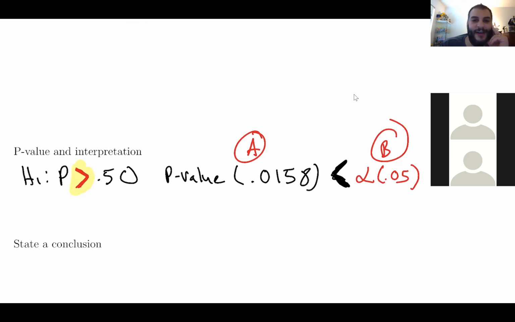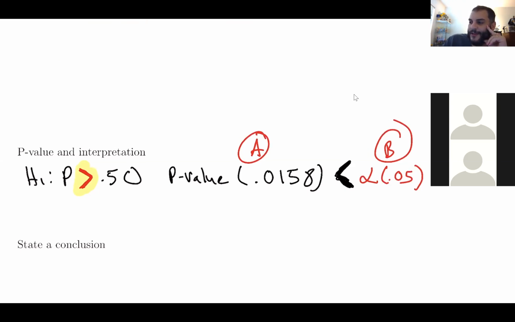So since alpha is bigger than p-value, in this case, we're going to come up with the conclusion that we should reject H0. Any question why we reject the null hypothesis?